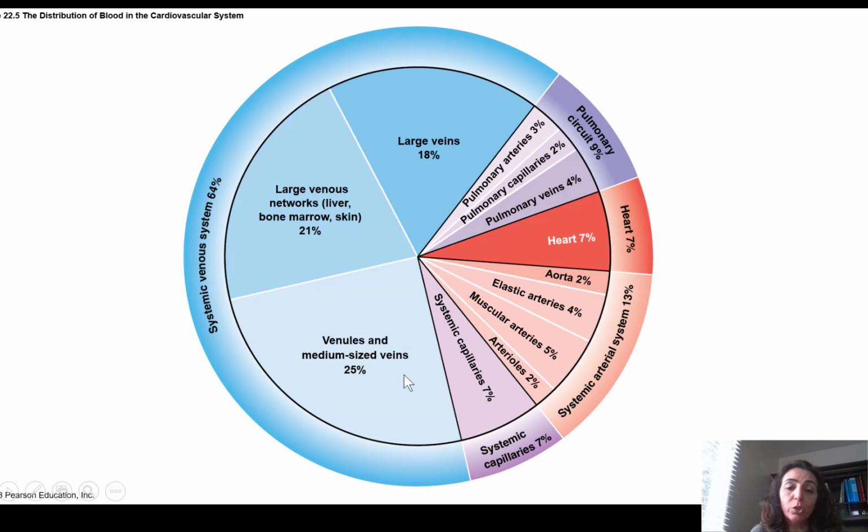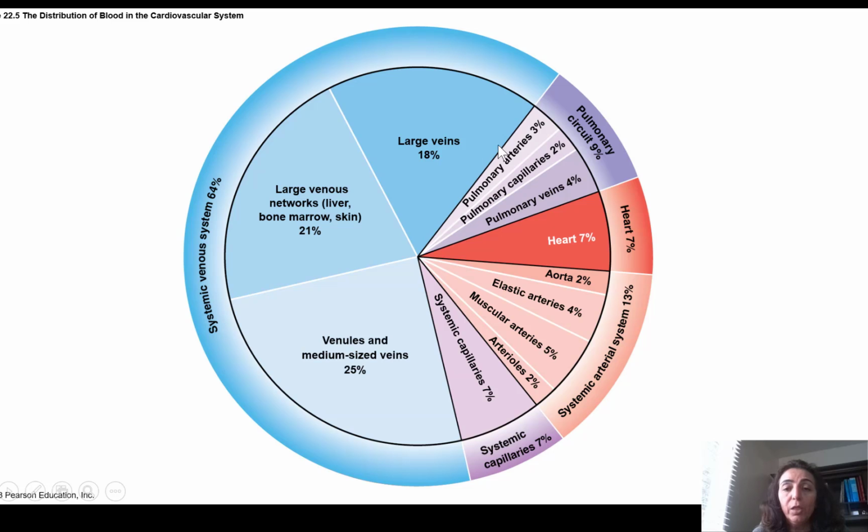So in this pie chart, you see the distribution of the blood all over the body. First thing you see is that the systemic venous system has about 64% of the blood: about 25% in the venous networks, about 21% in medium size veins, and large veins about 18%. Totally 64%.